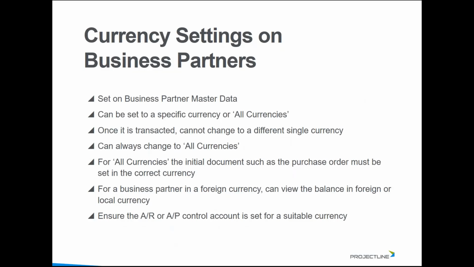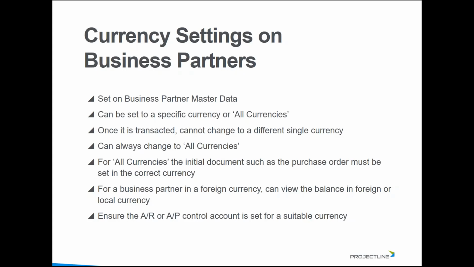So for business partners, it's very similar rules to the GL accounts. We'll set it on the business partner master data. We can again set it to a specific currency or all currencies. Once it's transacted, we can't change it to a different single currency, but we can change it to all currencies. One thing about all currencies I want to point out is the initial document in the chain must have the correct currency.